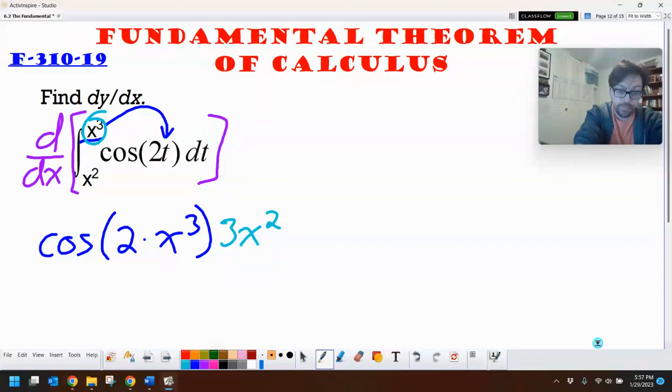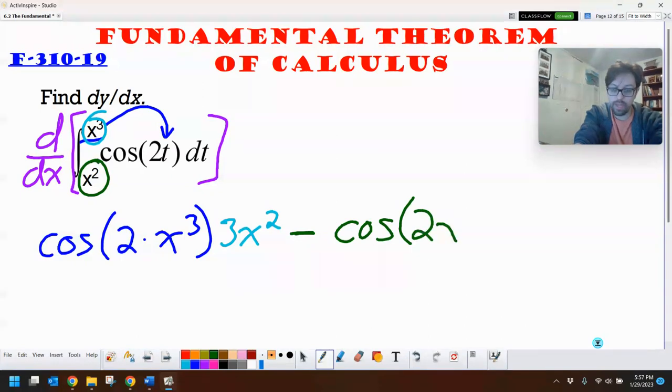Now, by the fundamental theorem of calculus, I have to do whatever's on the top minus whatever is on the bottom. I'm not going to be so fortunate to get 0 this time, because we've got that x squared this time. So that x squared is going to take t's spot. So we get cosine of 2x squared. Again, I'm not doing anything to that cosine, because I would find its antiderivative and then its derivative.